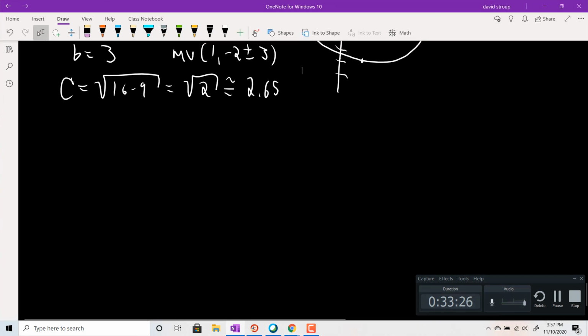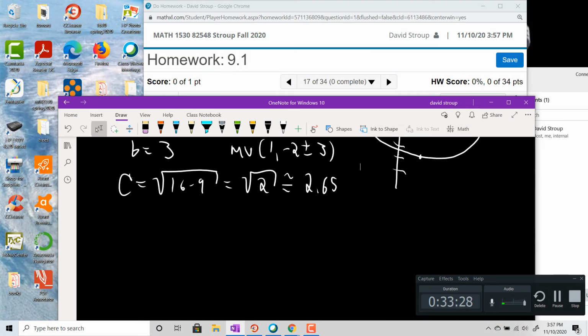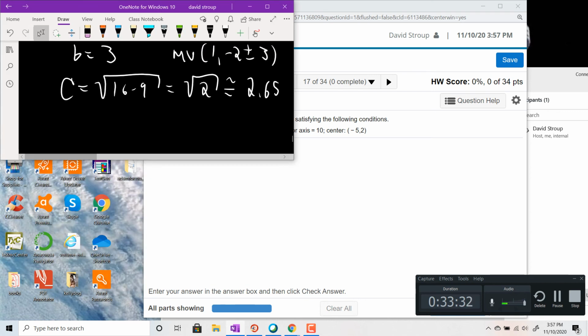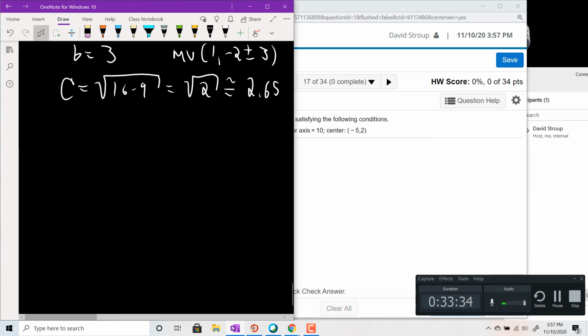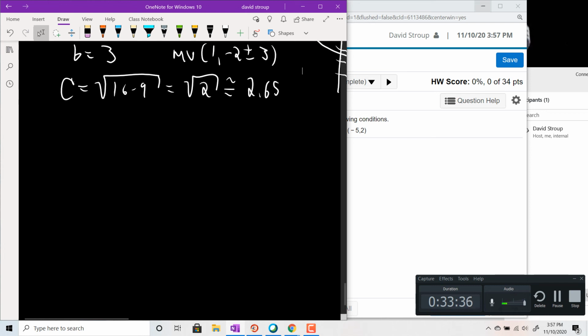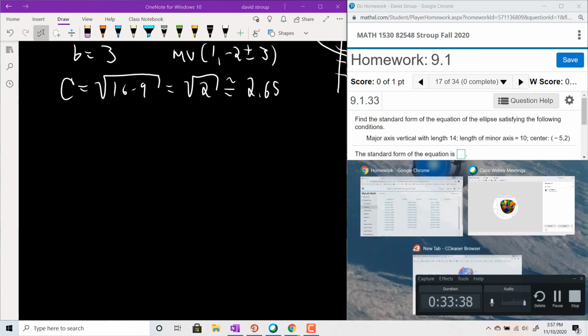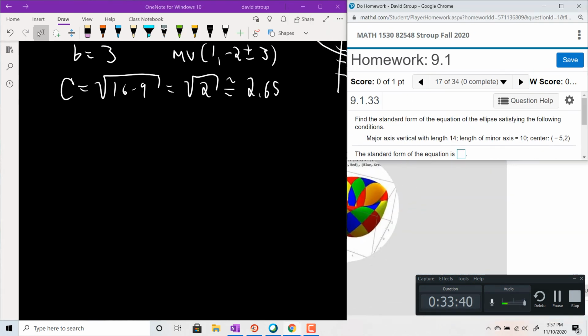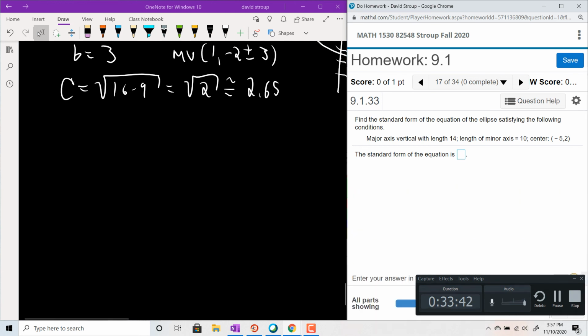So let me move things around a bit so I can kind of have my sketch pad and the question out at the same time. Okay. So they're telling us, this is problem 33, they're telling us the major axis has length 14.